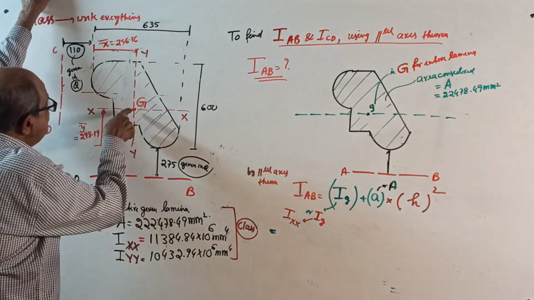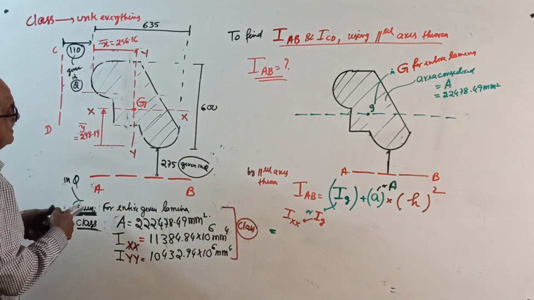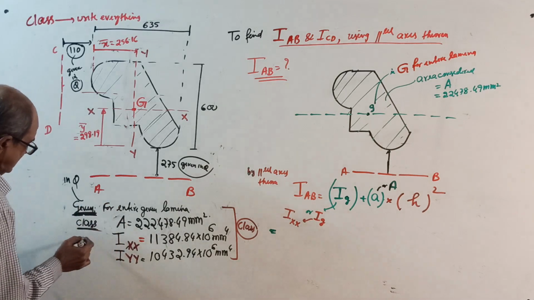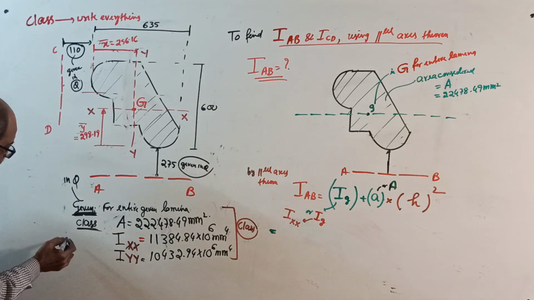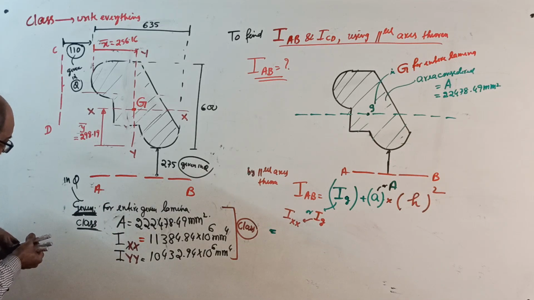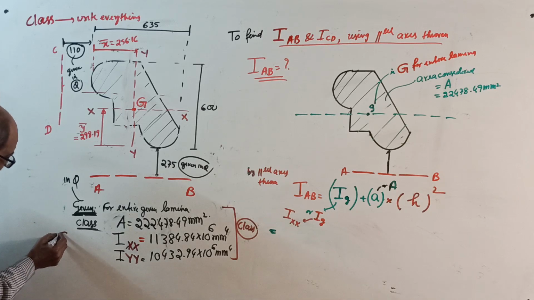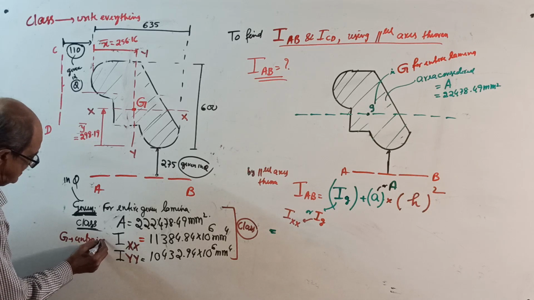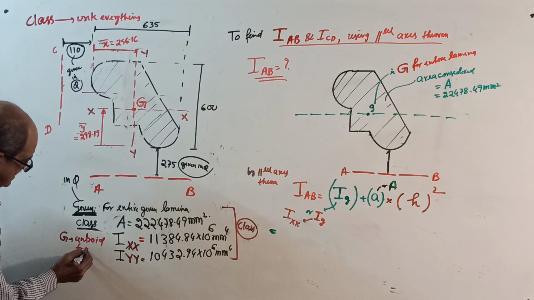Then this capital G, he will tell you, I am marking capital G, is the centroid for the entire lamina.